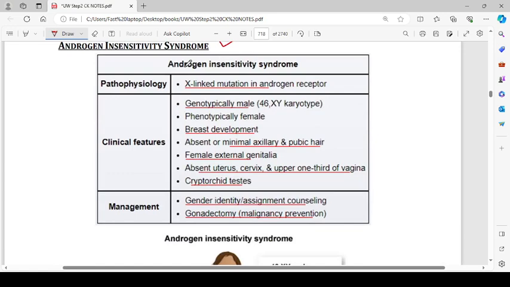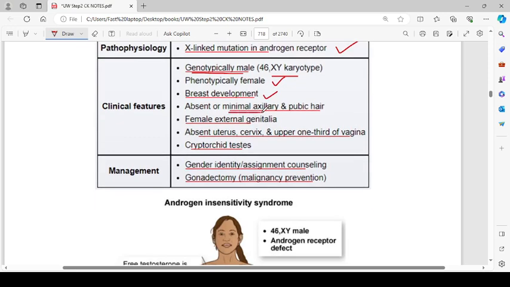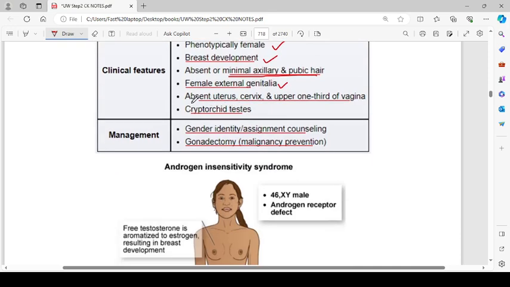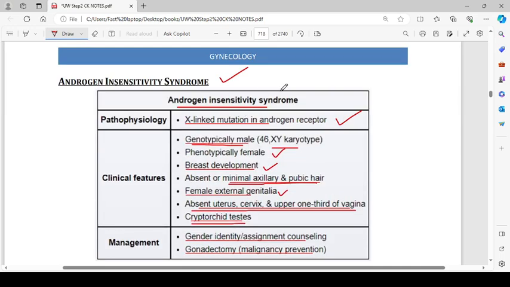Androgen insensitivity syndrome (AIS) pathophysiology: it is an X-linked mutation in the androgen receptor. The clinical features are genotypically male, 46XY karyotype, phenotypically female, breast development, absent or minimal axillary and pubic hair, female external genitalia, absent uterus, cervix, and upper one-third of vagina, and cryptorchid testes. So this is different from that.